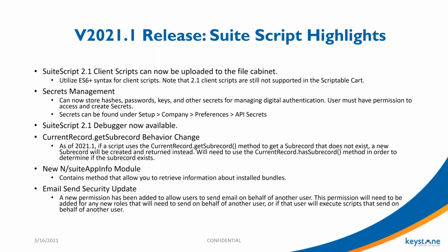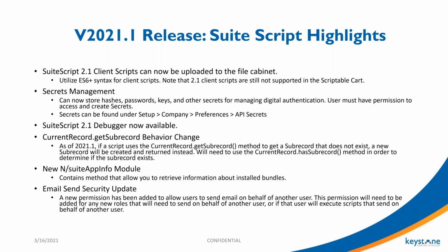Along with the SuiteScript 2.1 client scripts being available, you can also now utilize SuiteScript 2.1 in the debugger as well. There's been a change to how the currentRecord.getSubrecord method works.